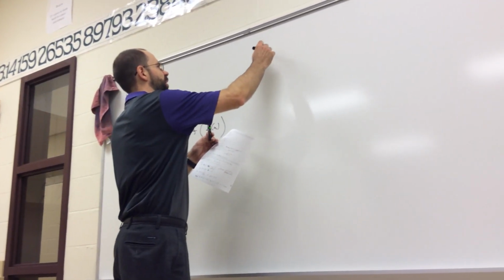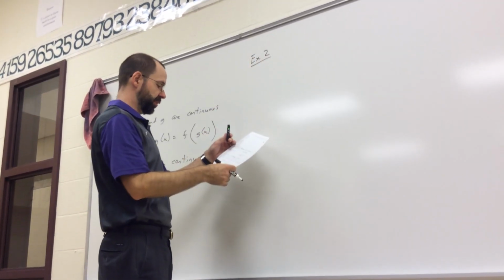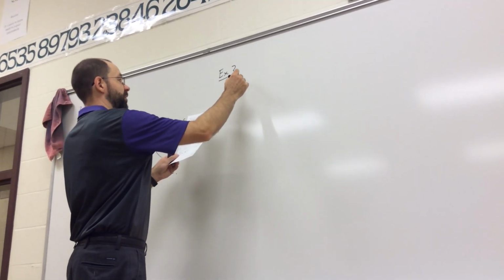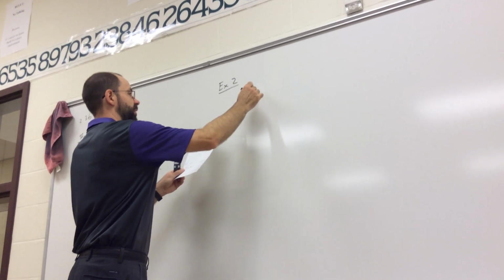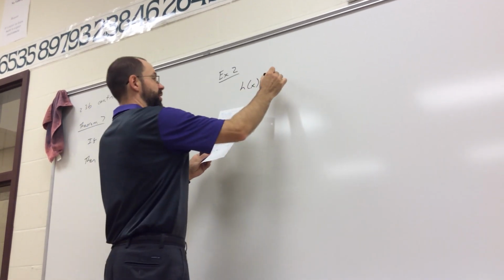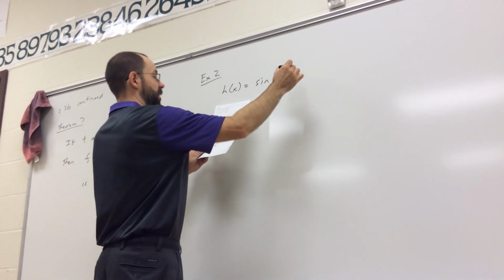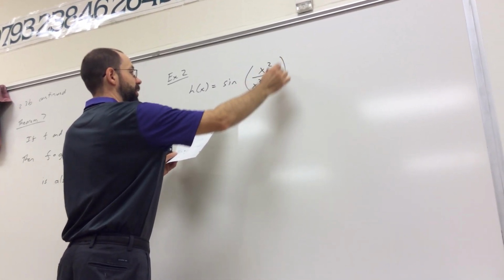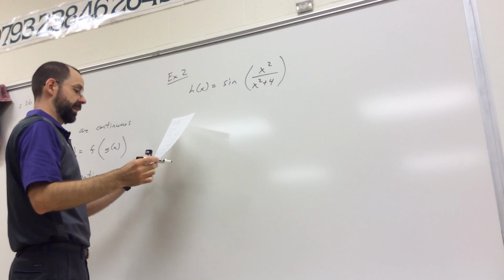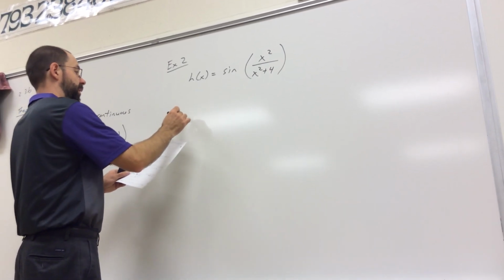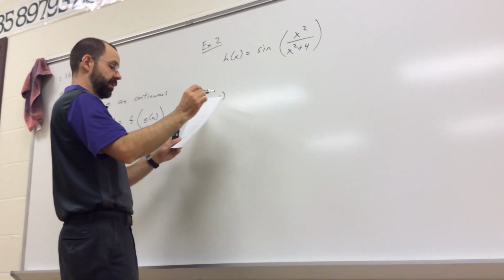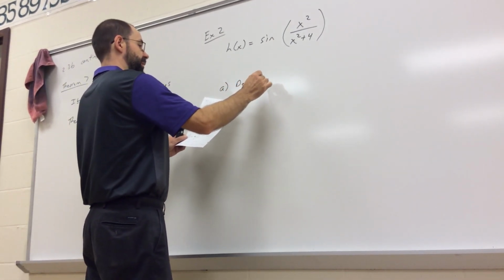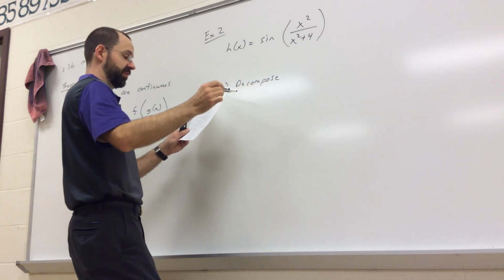Okay, so I think I did one problem yesterday, so I think this would be example 2. So we're going to have h of x equal the function sine of x squared over x squared plus 4. And for part A, we're going to decompose. Sounds kind of gross, but it's not.